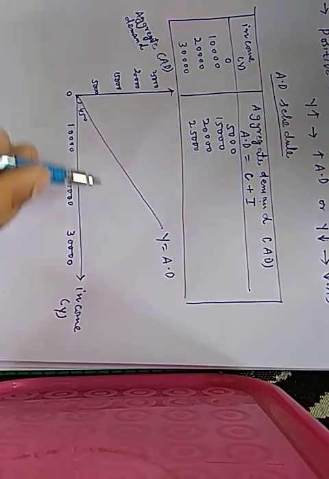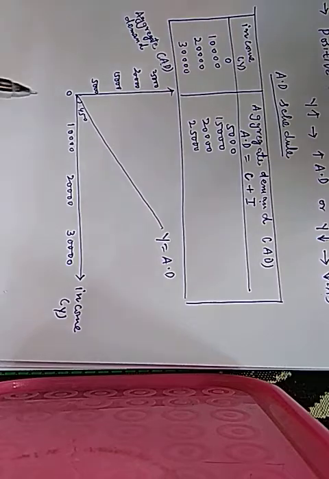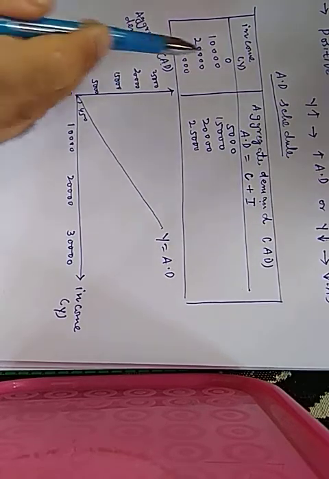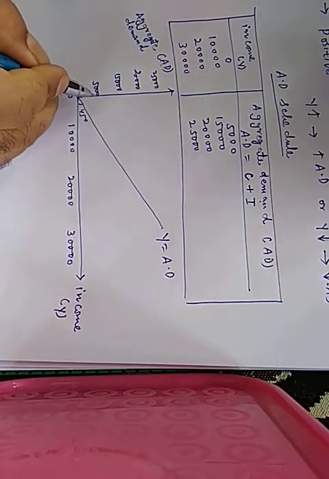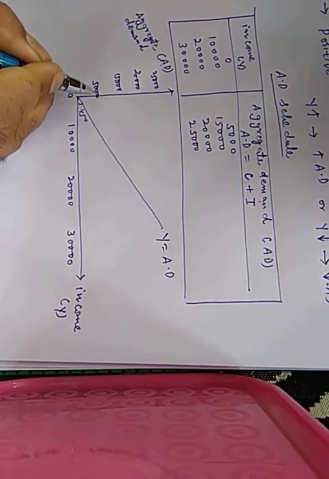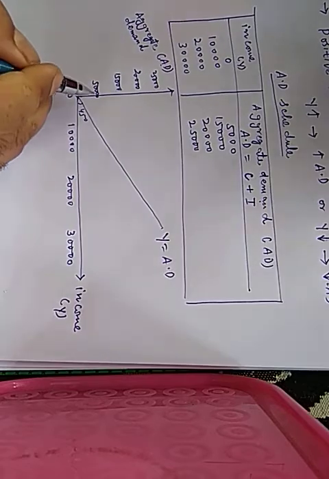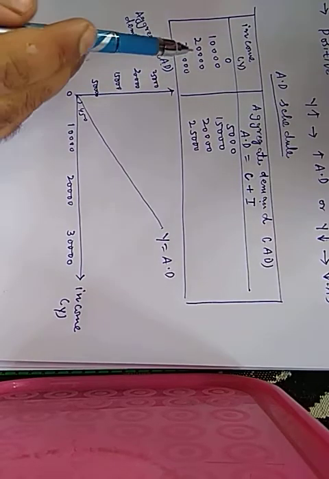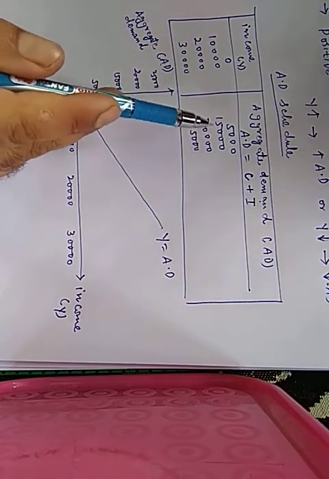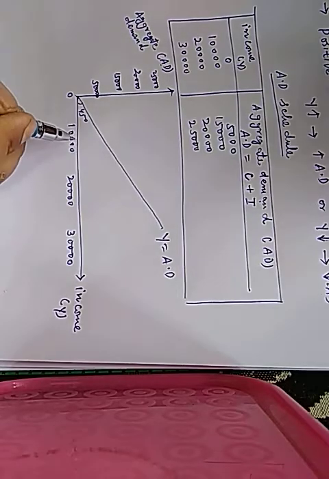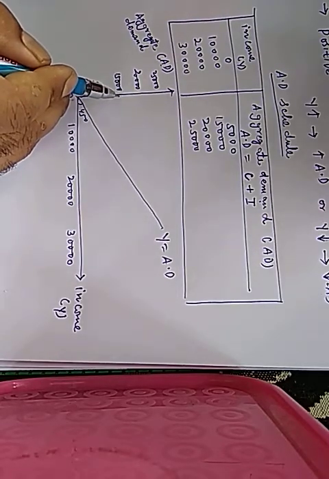Now we will get the aggregate demand curve. When income is 0, aggregate demand is 5,000. This point shows aggregate demand equal to 5,000 when income is 0. Now when income is 10,000, aggregate demand is 15,000.